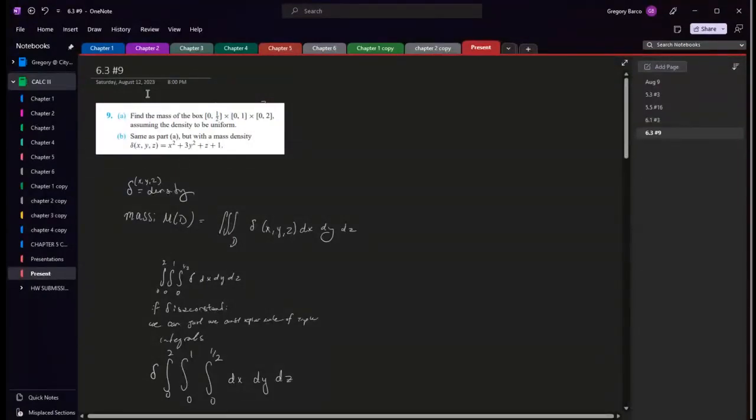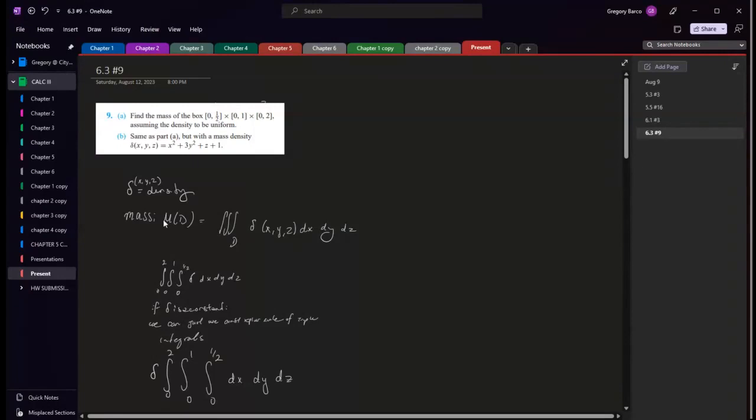Lovely. Okay. So I'm doing question 9 from section 6.3, applications. The first question, part A, says find the mass of the box, and we get these coordinates for the bounds of our integral, assuming the density to be uniform. We know that our density would be represented by delta of x, y, z.